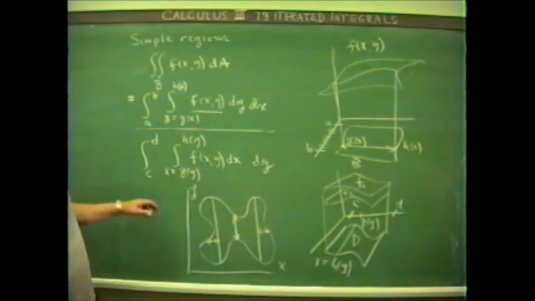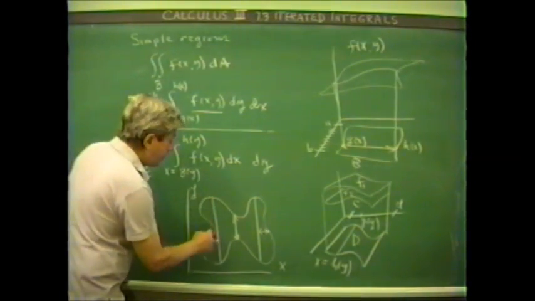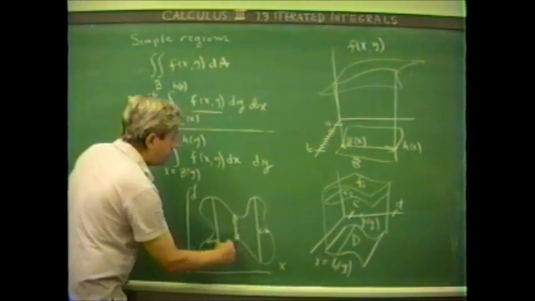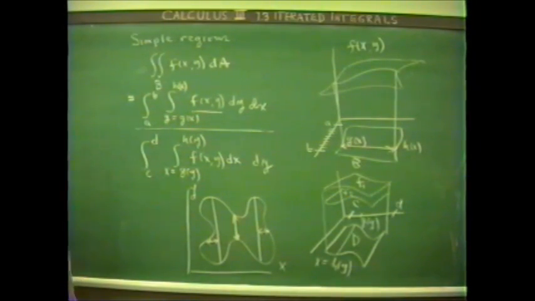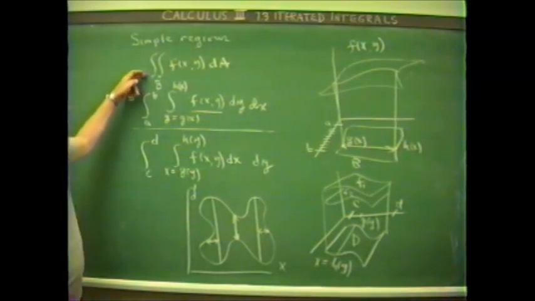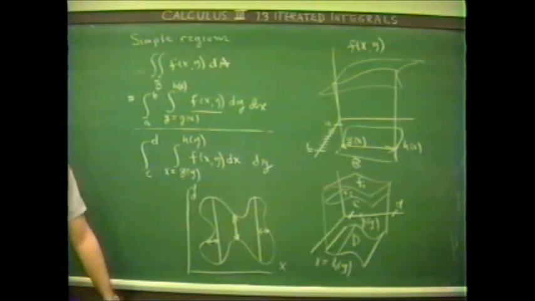So you get the integral of a function f defined on this region by integrating over this part first, and then adding the integral over this part, and adding the integral over that part. So for simple regions, and for regions that can be broken up into simple regions, you can find the integral by this method.